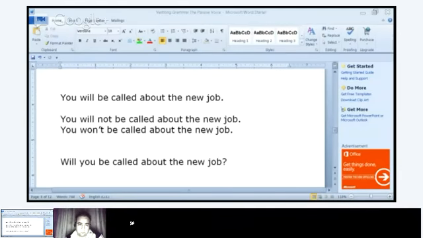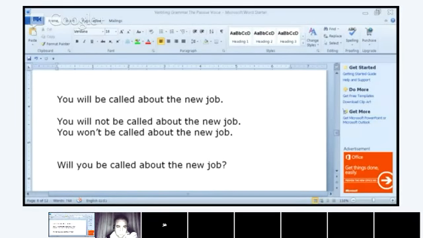Okay, we've got a few more examples. This is active? You will get a call is active, right? Now let me see. You will get a call. Yeah, that would be another form of grammar. Indirect, I guess. Yeah, it's a different type of verb.